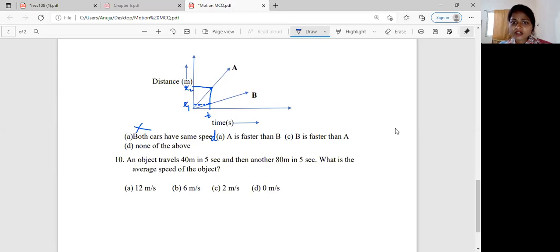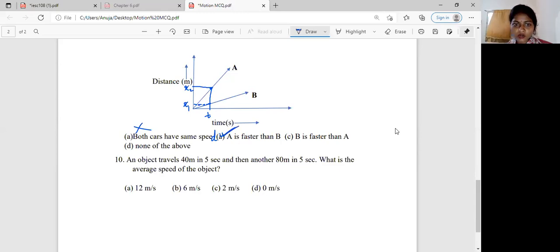Then A is faster than B. A is covering more distance as compared to B in the same time interval, so of course A will be faster than B. So this will be the correct answer.